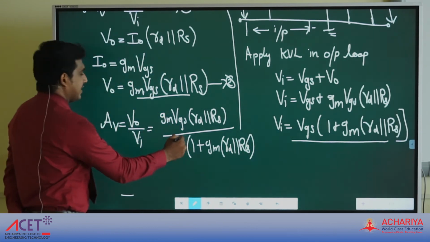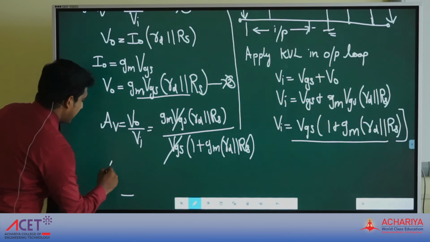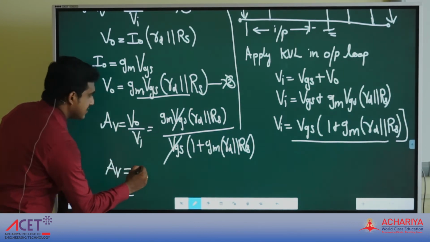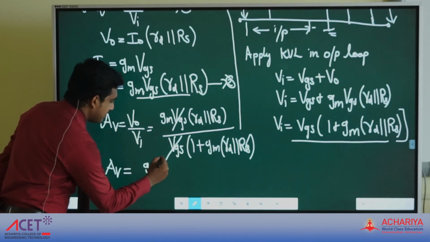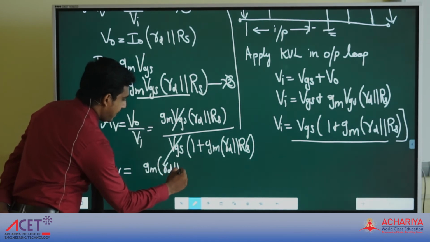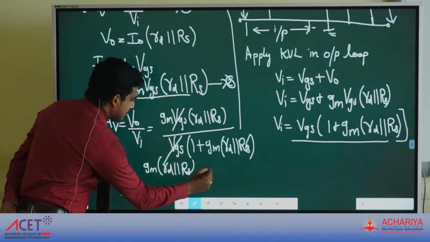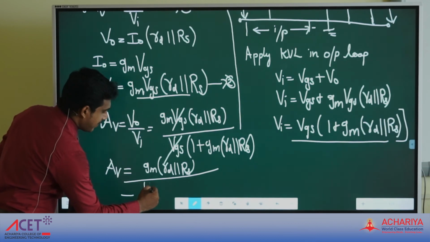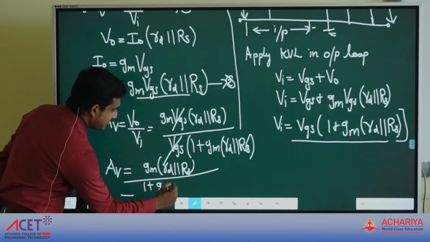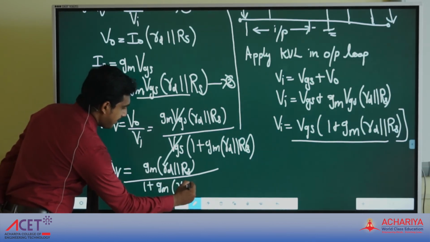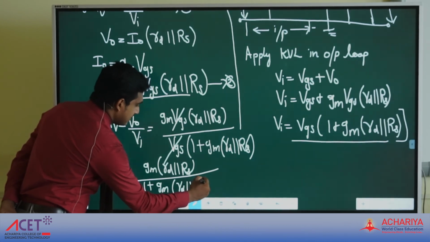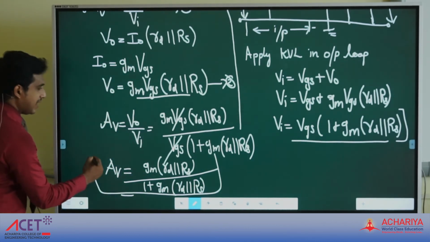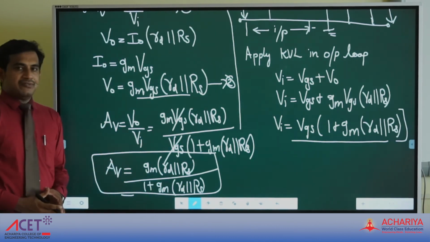In this equation we can cancel VGS and VGS. Now the voltage gain becomes GM into RD parallel Rs divided by 1 plus GM into RD parallel Rs. This is the voltage gain of common drain amplifier.